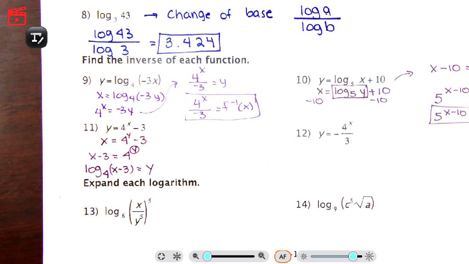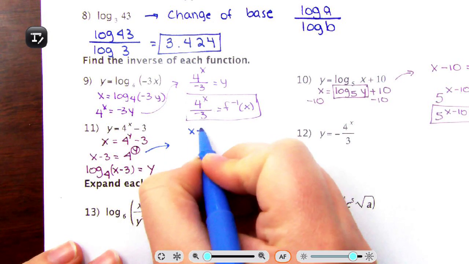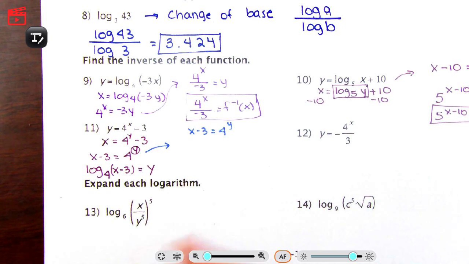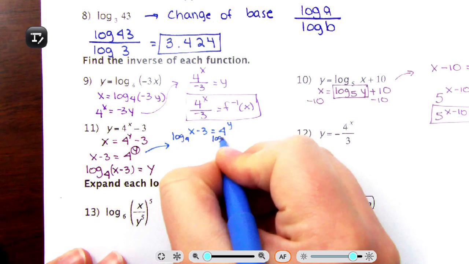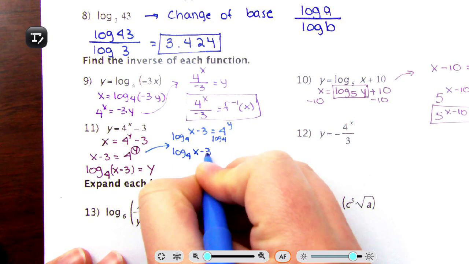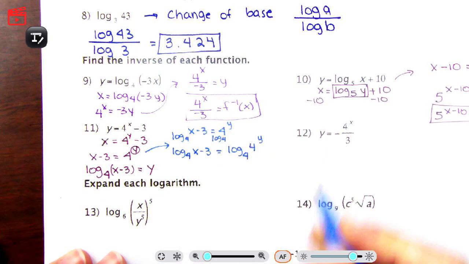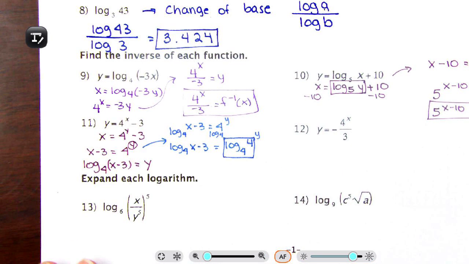Now, if you were to take logs of both sides, and you can choose to do this if you want, and take log base 4 of both sides, I would have log base 4 of x minus 3 is equal to log base 4 of 4 to the y. This right here is a property.